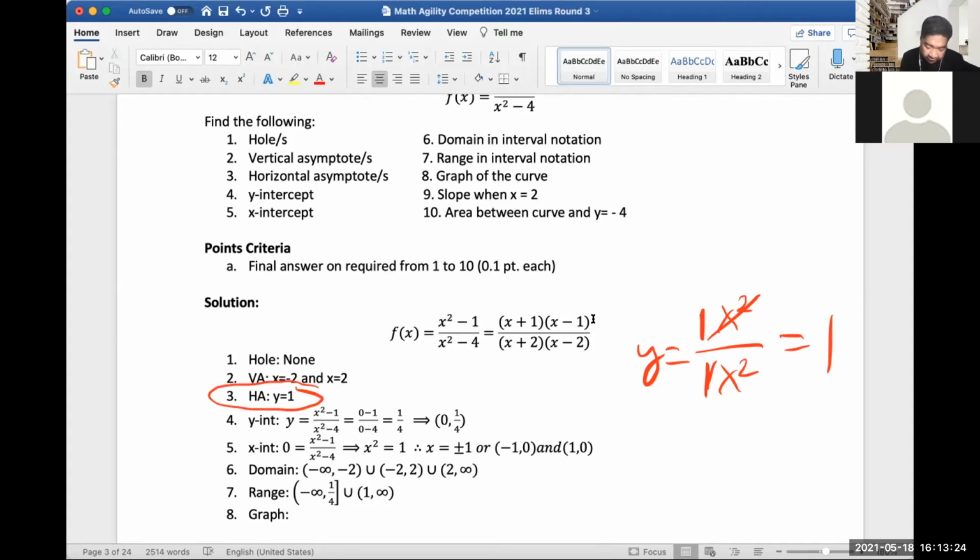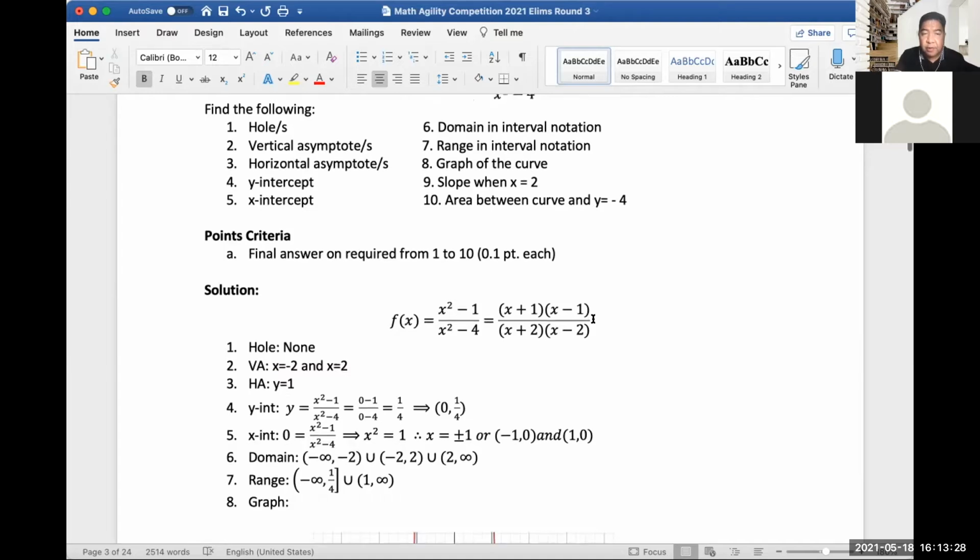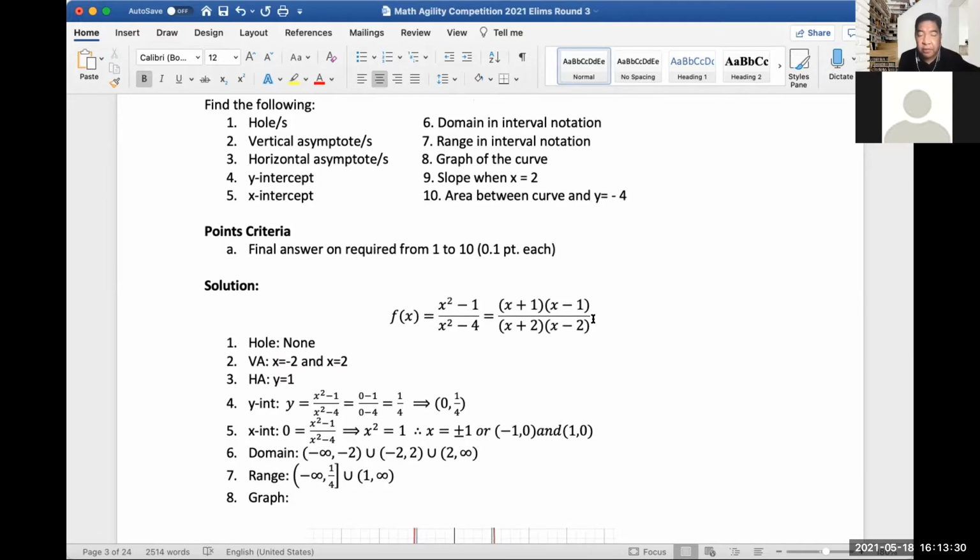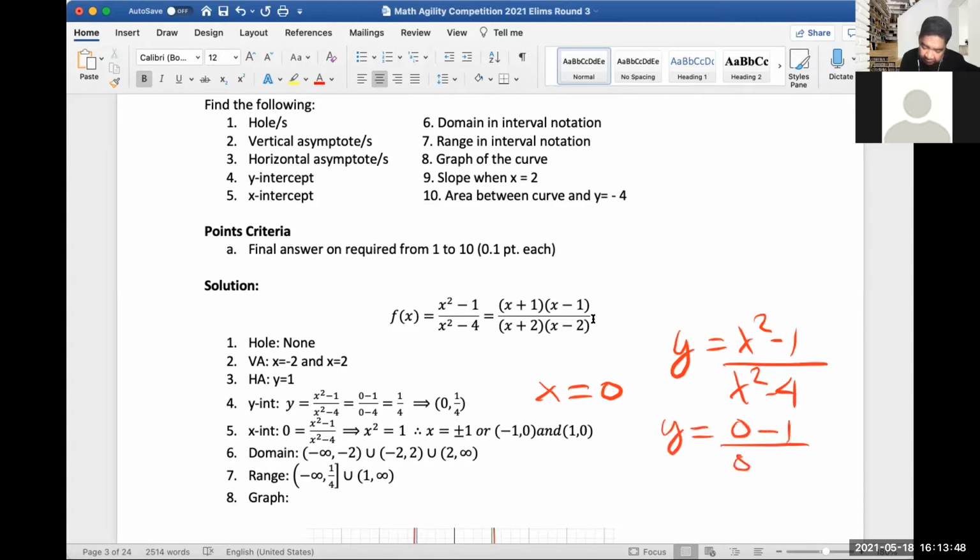Okay, and then for the y-intercept, this is when we let x equal 0. So from our rational function, y equals x squared minus 1 over x squared minus 4. So just substitute x to 0: 0 minus 1 over 0 minus 4.